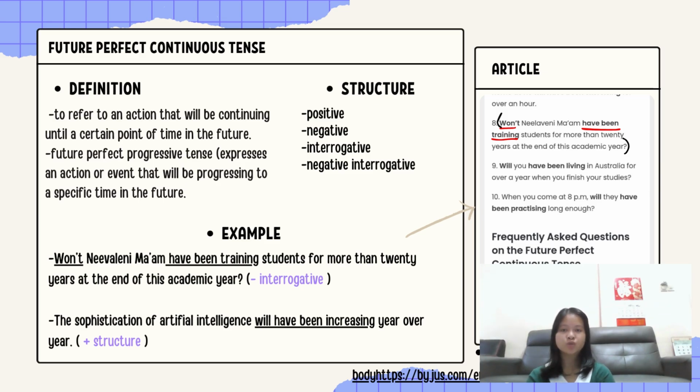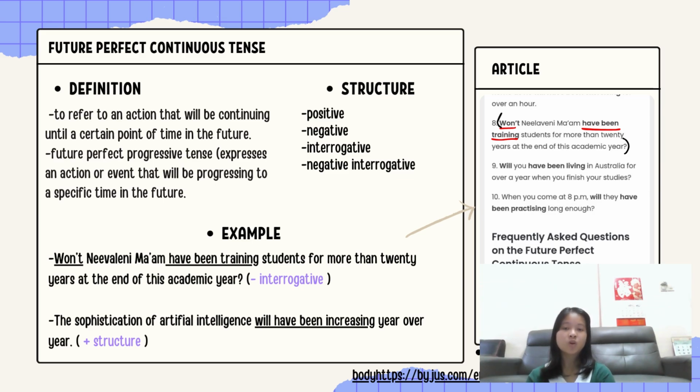This tense is used to express an action or event that will be progressing to a specific time in the future. The structure of this future tense is also the same as the other three future tenses we learned before, which is positive, negative, interrogative, and negative interrogative.